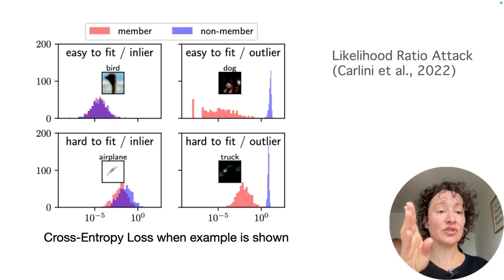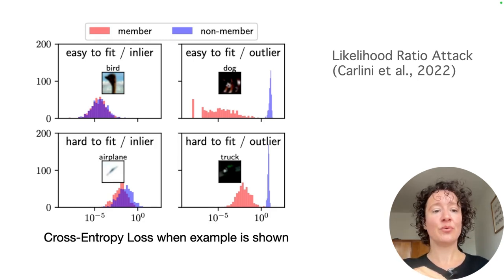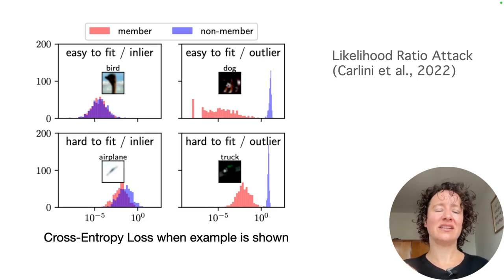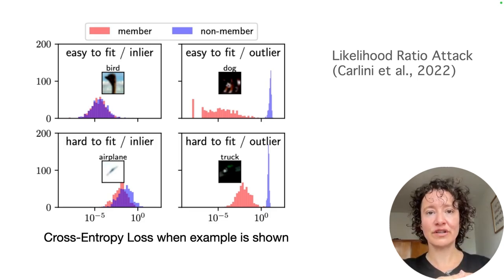And then when we look to the left-hand column, we see inliers, so more common images, so not outlier images. And we see that when it's easy to fit, so when it's a simple class, like bird, and bird is learned easily, then it's very difficult to separate. It's basically impossible. The model outputs are overlapping. We cannot separate them.